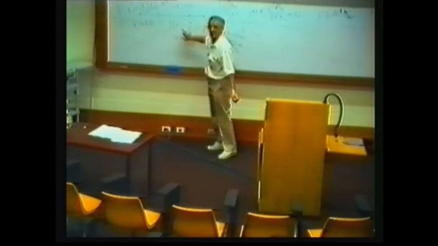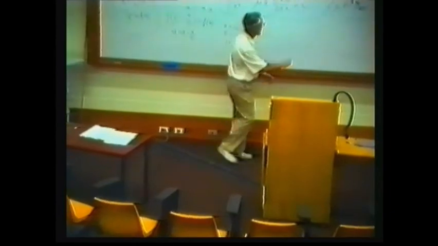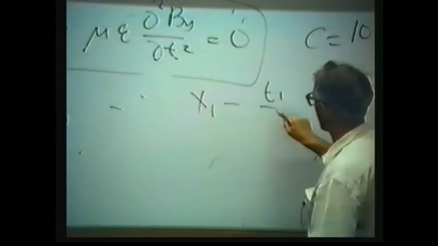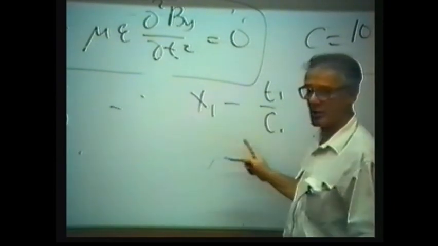How quickly does it travel? With velocity c. If you write t1 minus x1 divided by c, that's your argument.